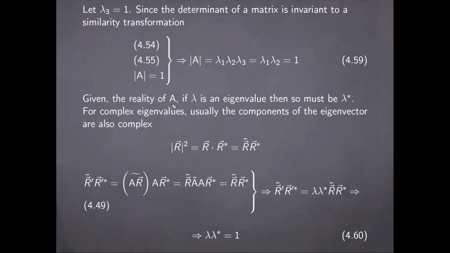Given the reality of the matrix A, if lambda is an eigenvalue, then so must be the case for its complex conjugate. In the case of complex eigenvalues, usually the components of the associated eigenvectors are also complex, and in that case, for a vector having complex components, we define the square of its magnitude as the dot product between the vector and its complex conjugate, or in matrix form, the matrix product of the row matrix of the vector multiplied with the complex conjugate of the column matrix of the vector.